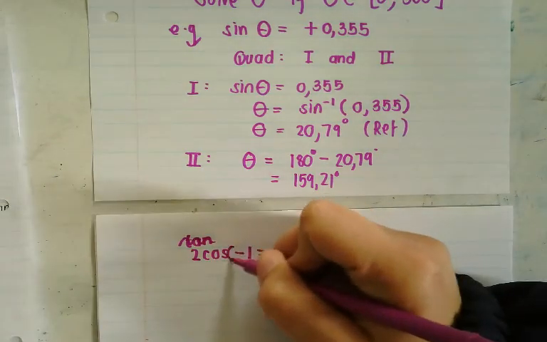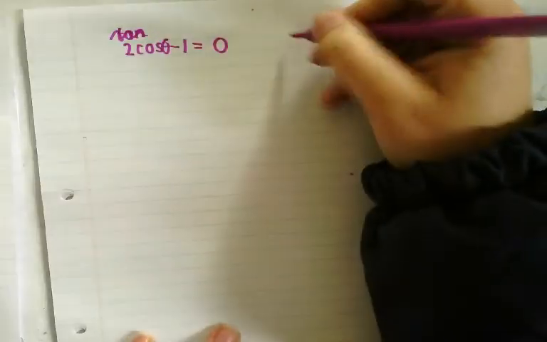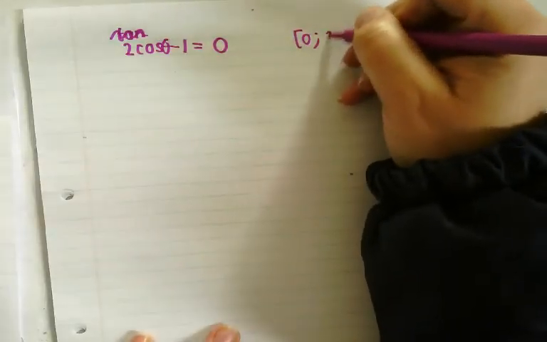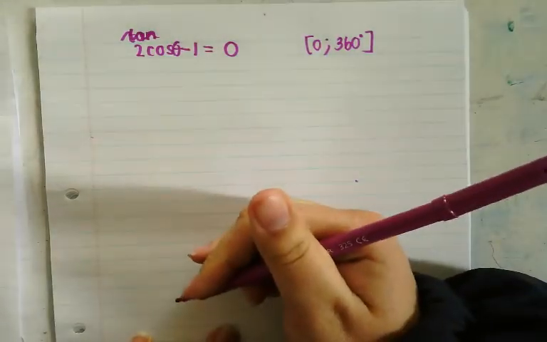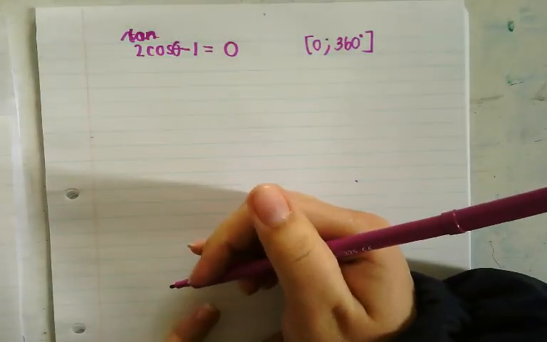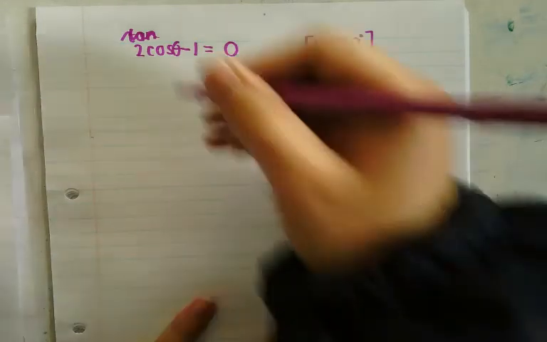So 2 cos theta minus 1 equals 0, and it is also 0 to 360 degrees. So just like we did yesterday, we're going to solve for cos theta.